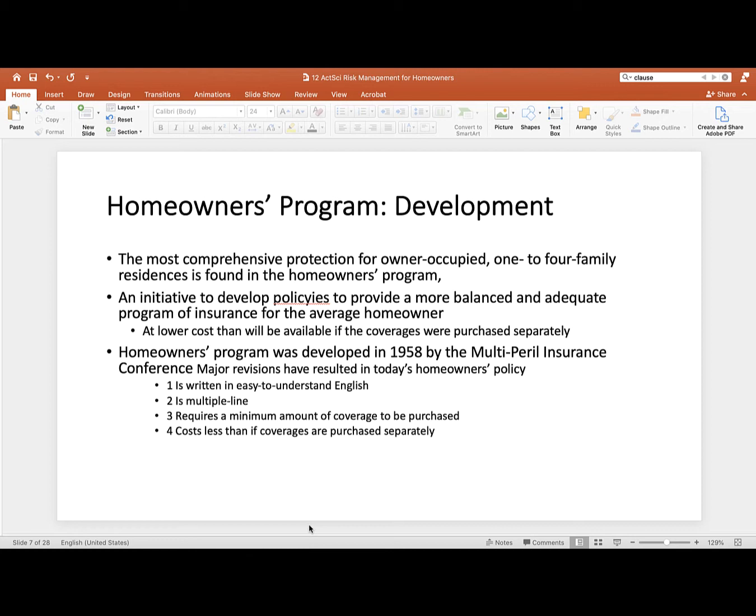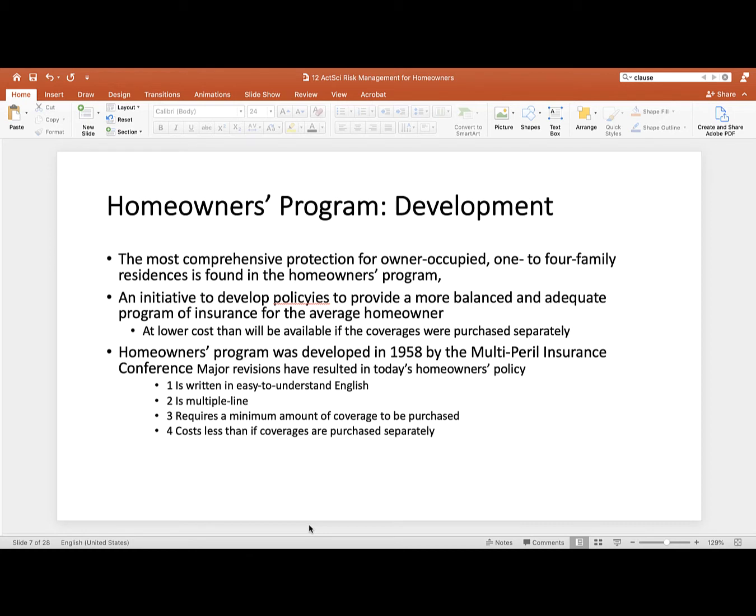They just wanted to find a way of having a decent insurance policy when it came to people's homes. So as we see here, the aim was policies to provide a more balanced and adequate program of insurance for the average homeowner. Since 1958 until now, they've been developing, and many major revisions have taken place.